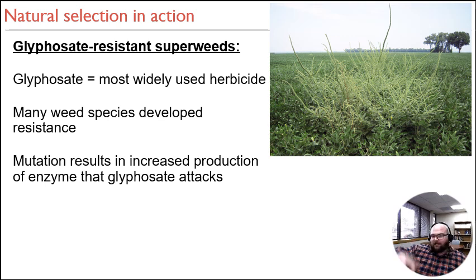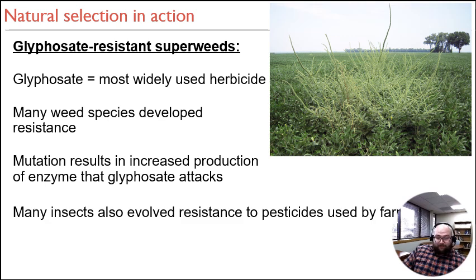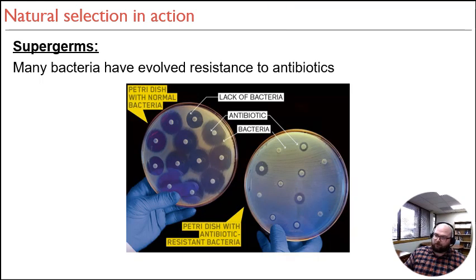And after repeated application of the herbicide, we've selected for, and the population has changed, where the ones that survived and then took over the population were the ones that had the genetic variability to withstand Roundup application. We've even seen this happen in the pesticide and insecticide world. Another would be antibiotics, right?